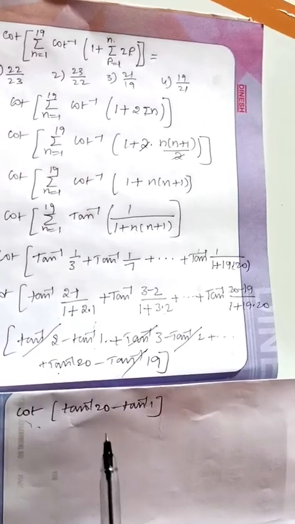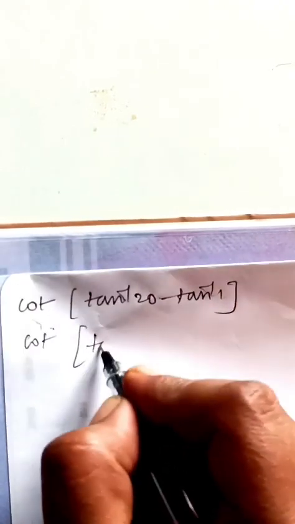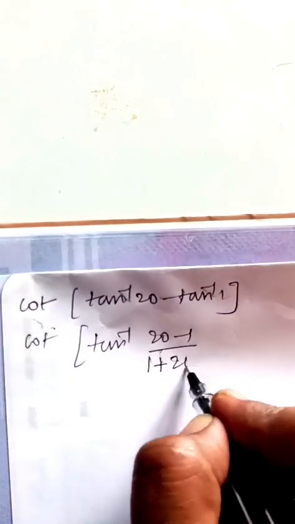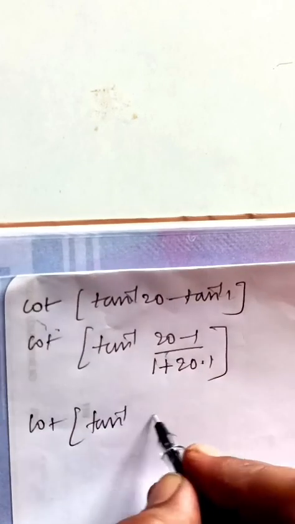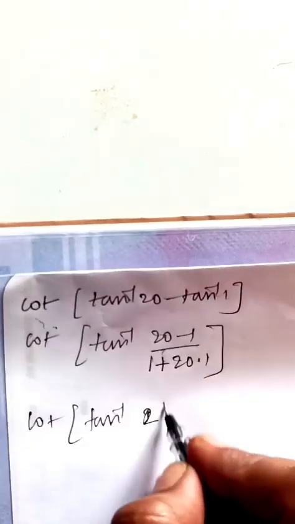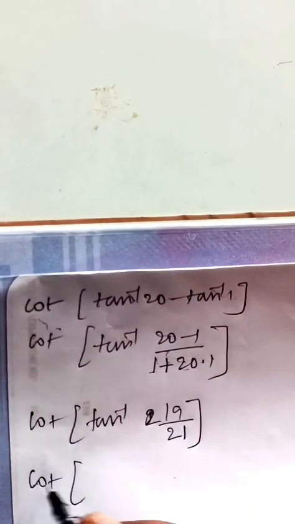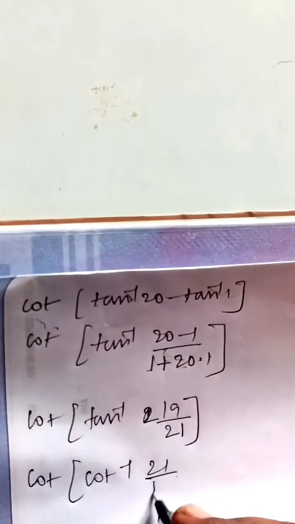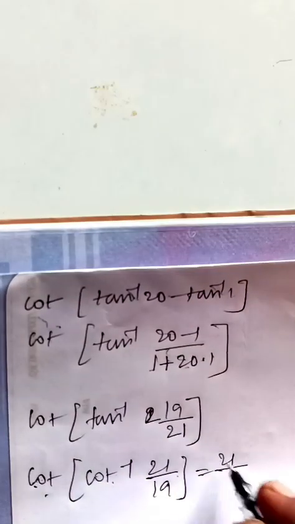So again we are using tan inverse x minus tan inverse y: cot of tan inverse of (20 minus 1) by (1 plus 20 into 1). So 20 minus 1 is 19, 20 plus 1 is 21. But it is in terms of cot, so tan inverse can be changed into cot inverse 21 by 19. So this is cot of cot inverse, which is equal to 21 by 19.